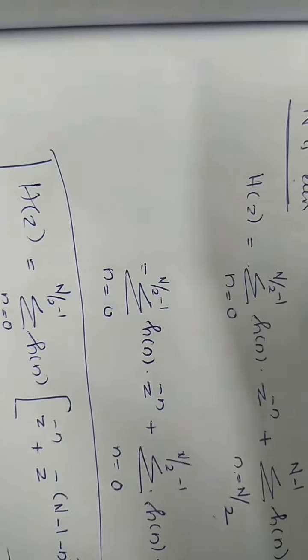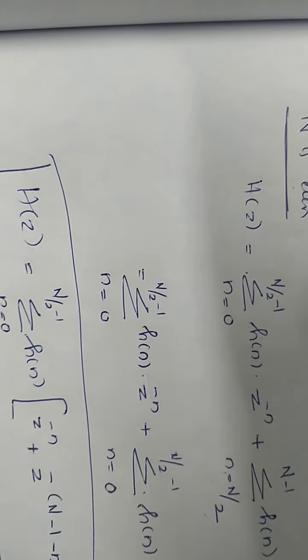We can consider capital N is equal to 4. Let N is equal to 4, then h of z will be equal to sigma n is equal to 0 to N by 2 minus 1 h of n times z raised to minus n plus z raised to minus of N minus 1 minus n. This is the equation.